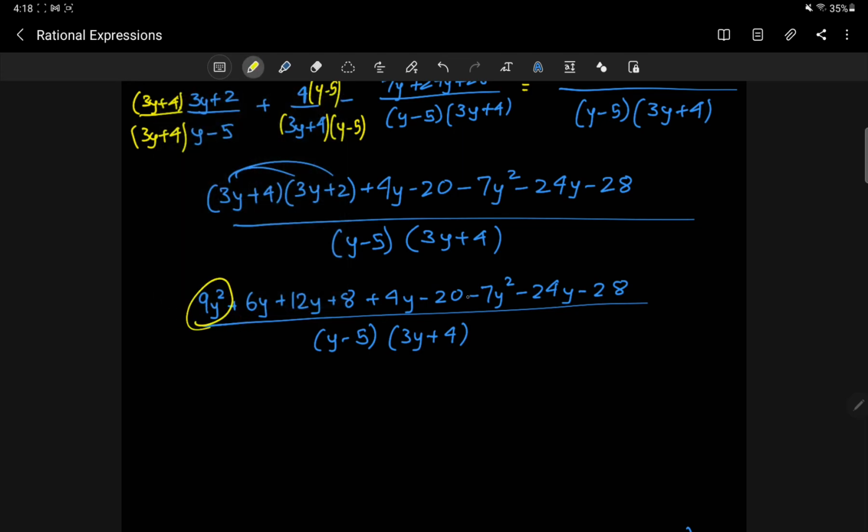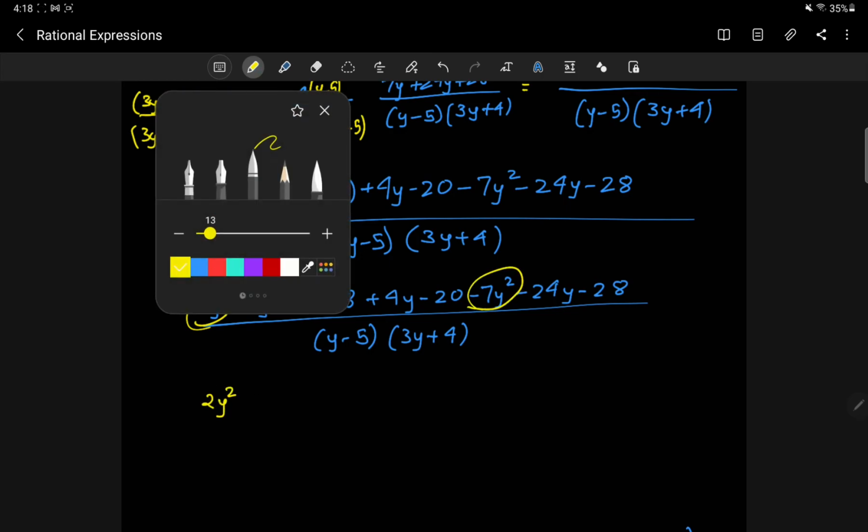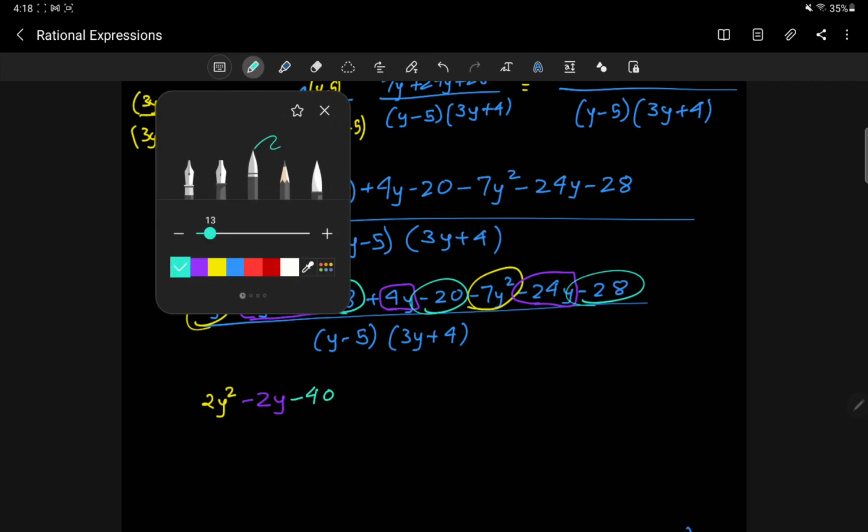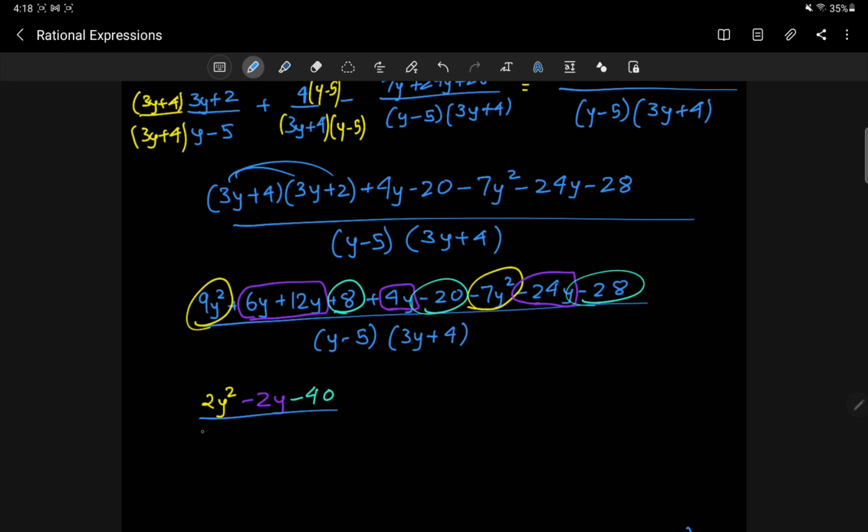So there's a 9y squared minus 7y squared, that gives me 2y squared. Then I have a 6 plus 12y, that's 18y, plus 4, 22y, minus 24, so negative 2y. Then I have an 8 minus 20, negative 12, minus 28, negative 40. All of this divided by y minus 5, 3y plus 4.